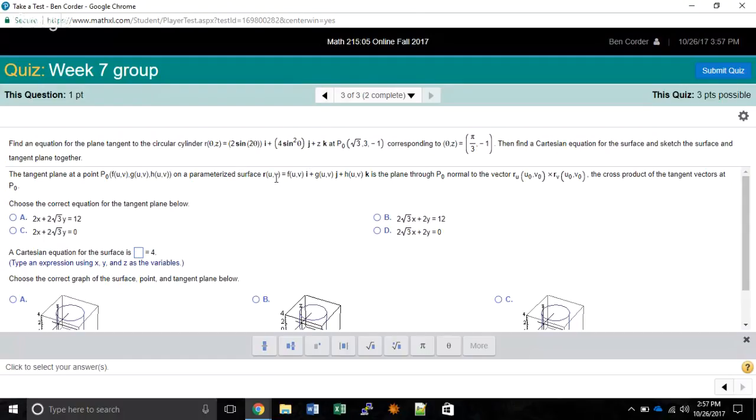Just general terms. Oh, so we can use theta and Z. R theta, RZ, which is probably what we should do. Get those values. Theta.